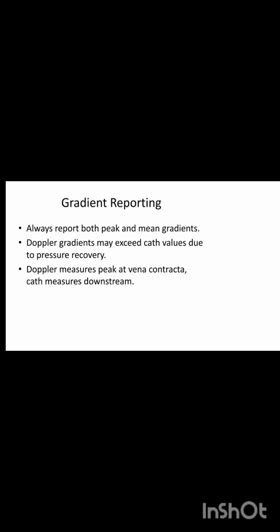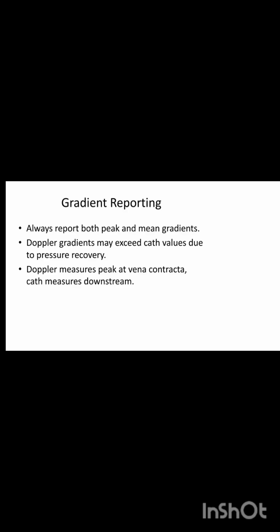Gradient reporting always reports both peak and mean gradients. The Doppler gradients may exceed cath values due to pressure recovery. If you know the pressure recovery phenomenon, you will understand better. If you don't know and want to know, then comment, and I will share the pressure recovery phenomenon also.